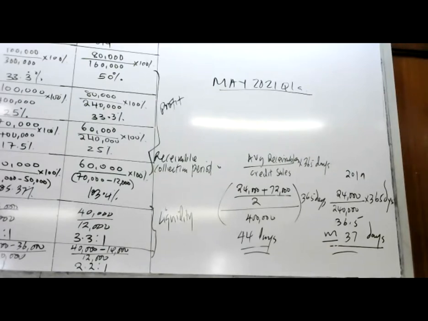Cash. Liquid assets include cash in hand, cash at bank, and receivables. Now liquid assets, cash at bank.